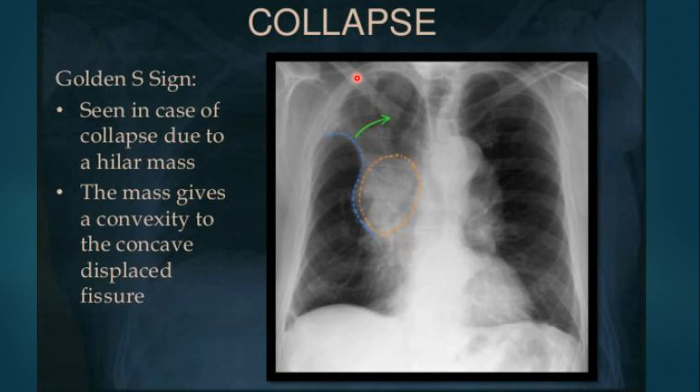This right upper lung lobe will show the transverse fissure appearing like an inverted S. That's what's called the convex S sign. Without the mass, the fissure would be convex upward, but the mass gives it a convexity downward, making the S shape.